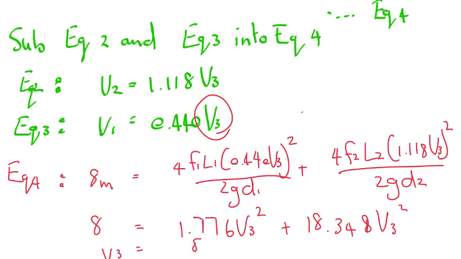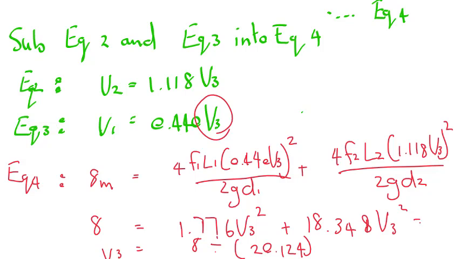So it will be the 8 divided by, remember we're taking all of this to the other side, in brackets, the 20.124. Whatever you've added these two together, we will have 20.